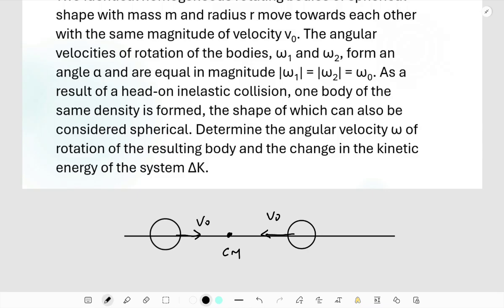And you can also observe one thing, that the moment of momentum caused due to the translation of bodies is zero about this axis. This is an axis passing through the common center of mass of the system, and that means the angular momentum of each of the bodies relative to the center of mass of the system of bodies is equal to the sum of spin angular momenta before and after collision.